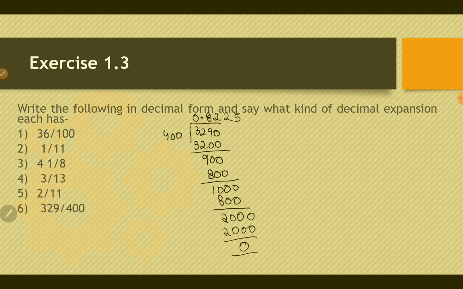The remainder is 0, hence this is a terminating type of decimal.